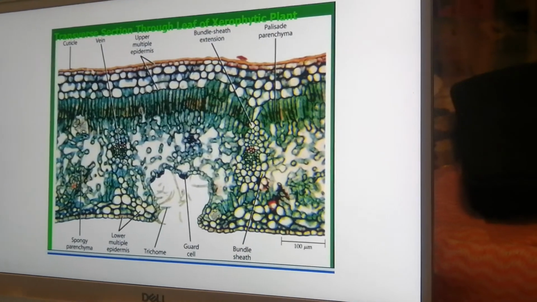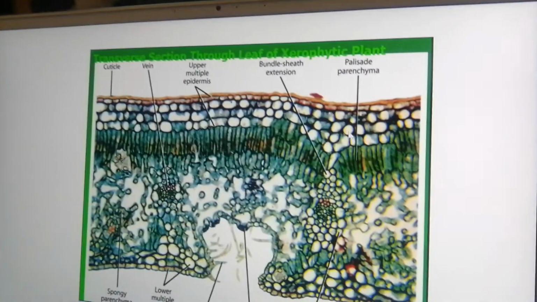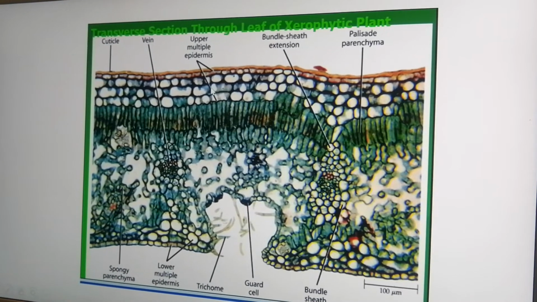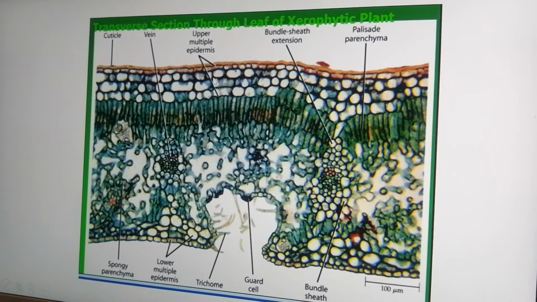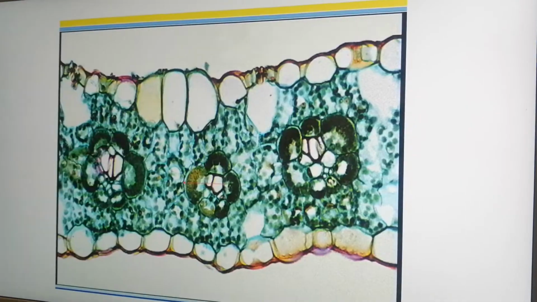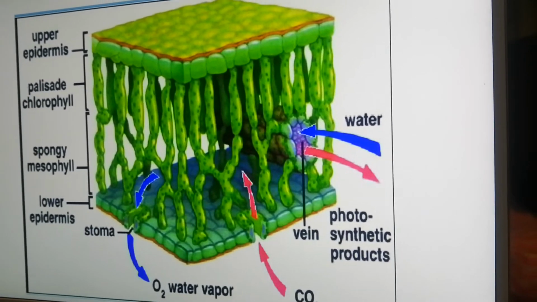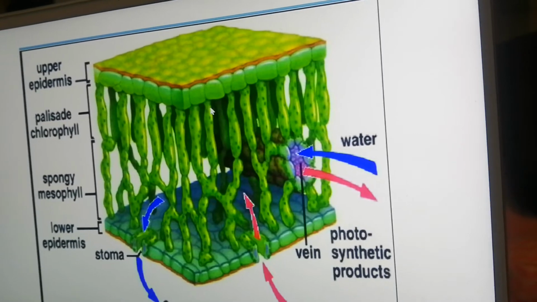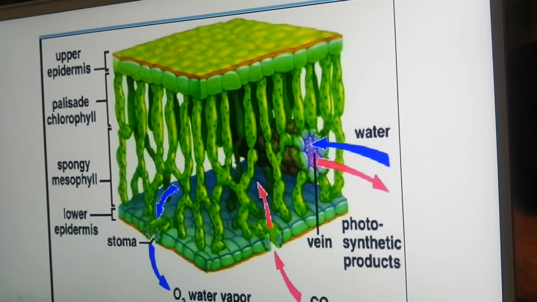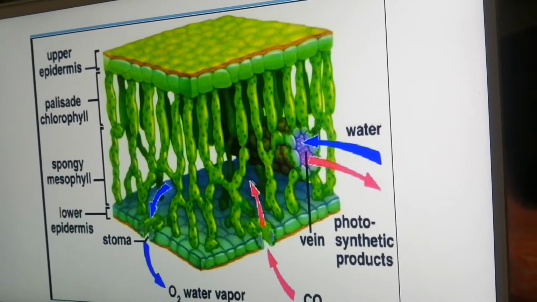So we have here an example, a transverse section through the leaf of a xerophytic plant. Look at the cross section here. This one is the upper epidermis. If you have seen the previous slides that we have, this is a very clear representation of the photosynthesizing of the plants.